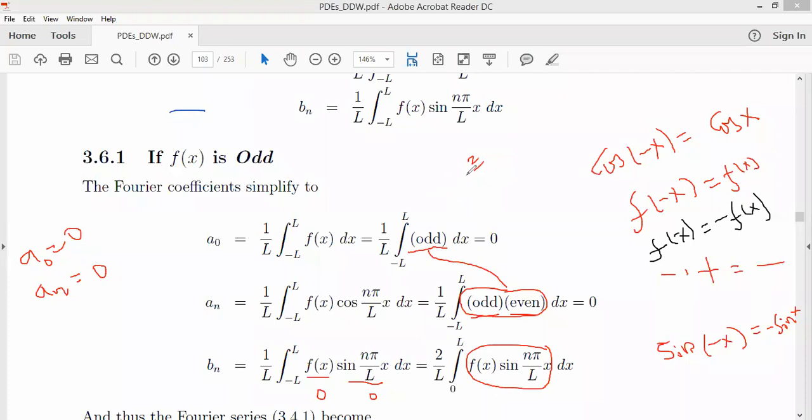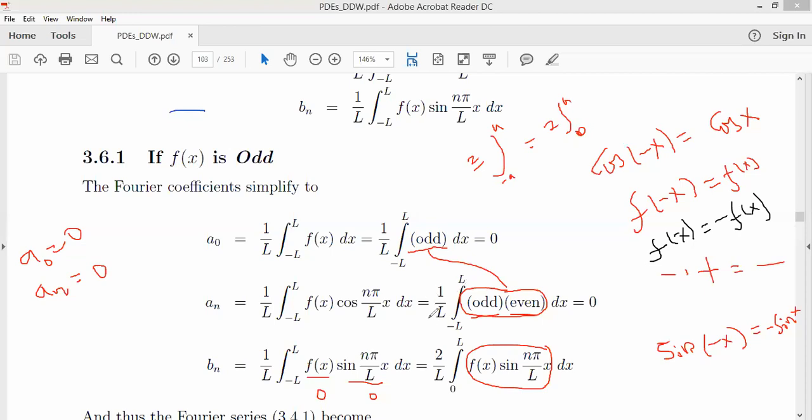If you are integrating from minus a to a of f(x), then if the f(x) here is even, then you'll have twice the integral from 0 to a.